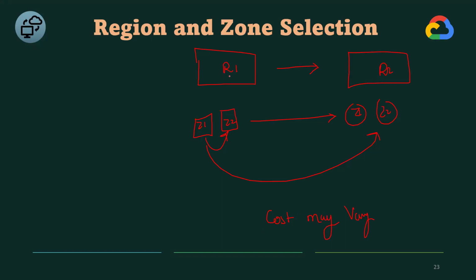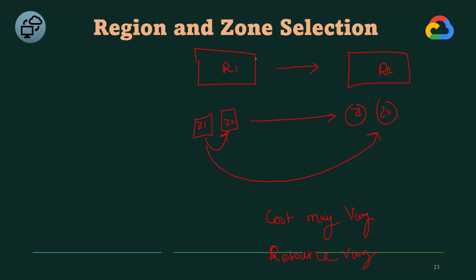And one more thing is that from region to region, the resource availability also varies. Resources means one of the resources available in region 1 may not be available in region 2. One of the resources available in zone 1 may not be available in zone 2. This is something we need to think about. So the resource availability may vary from zone to zone, as well as the cost.